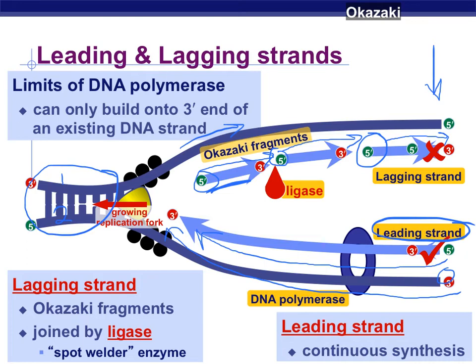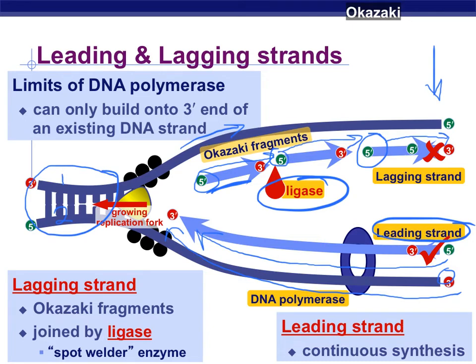These fragments are called Okazaki fragments, and then they are put together by a third enzyme called ligase. So this can be really confusing to get the whole 3' and 5' ideas straight.